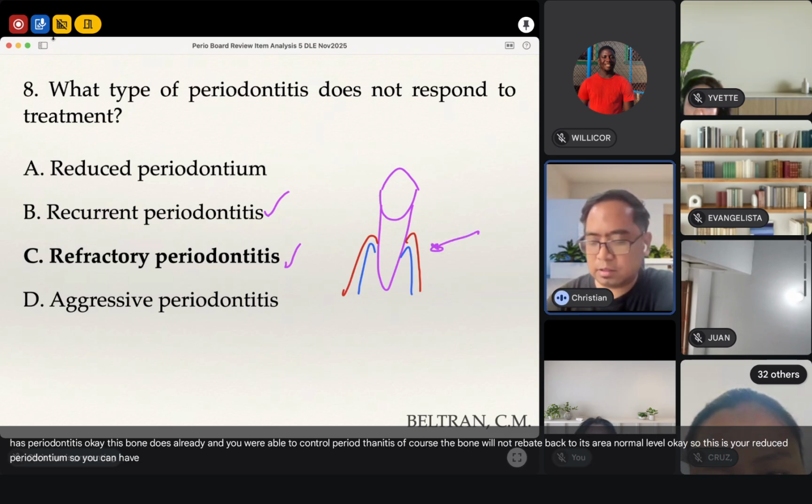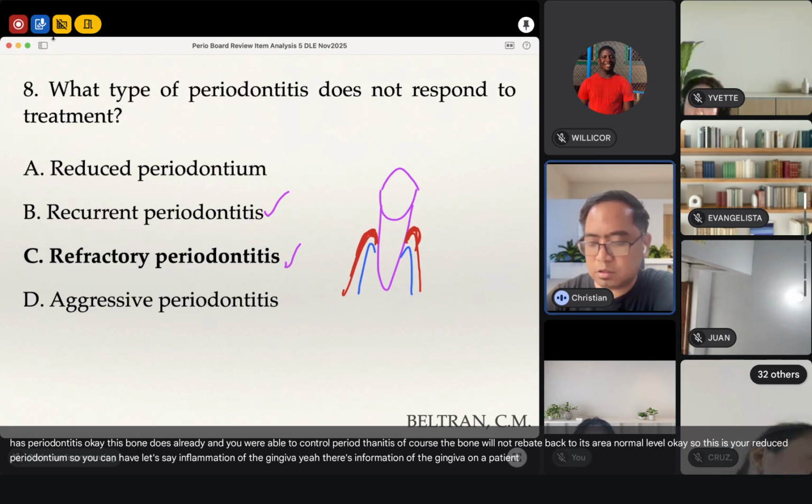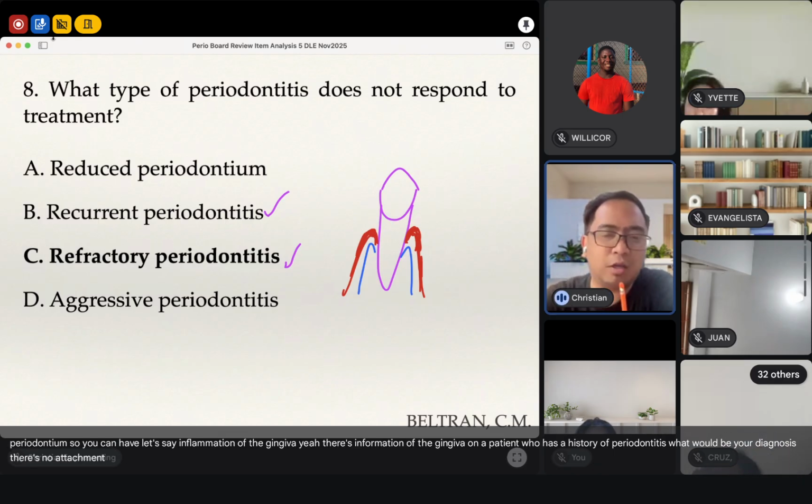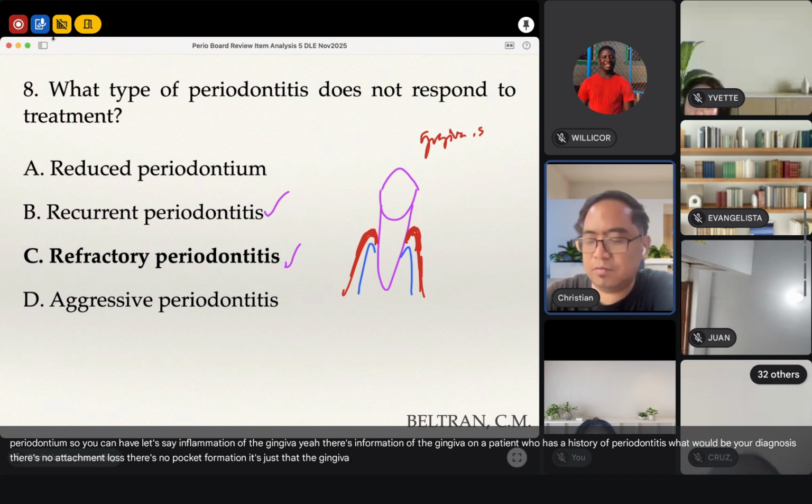So you can have, let's say, inflammation of the gingiva on a patient who has a history of periodontitis. There's no attachment loss, no pocket formation. It's just that the gingiva is inflamed. What would be your diagnosis here?